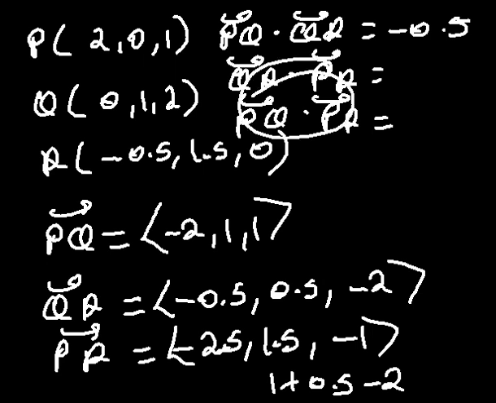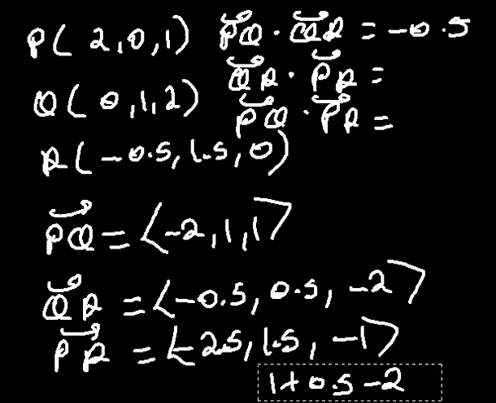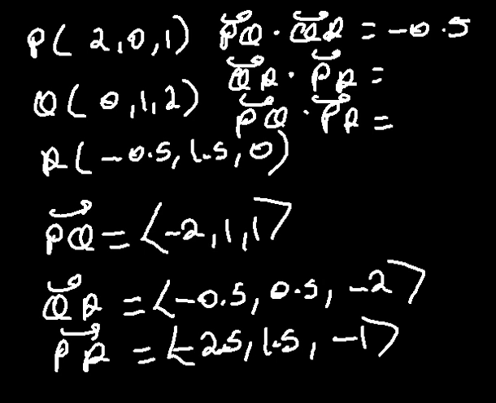And let's try the other ones. Actually, vector QR dot vector PR. So we have -0.5 times -2.5, that is giving us 1.25.